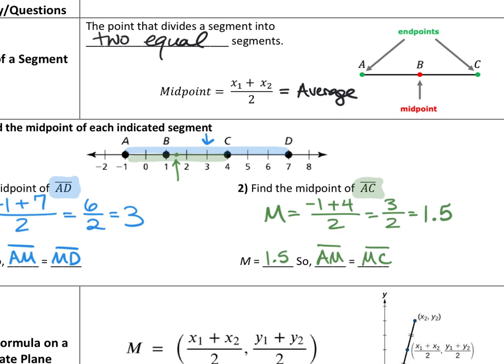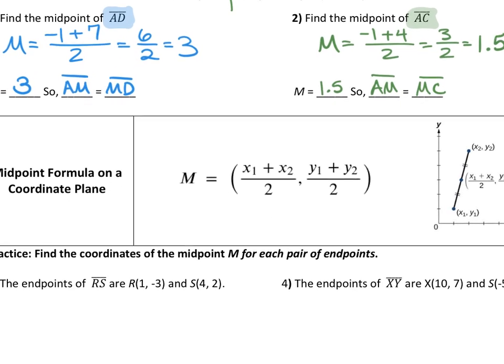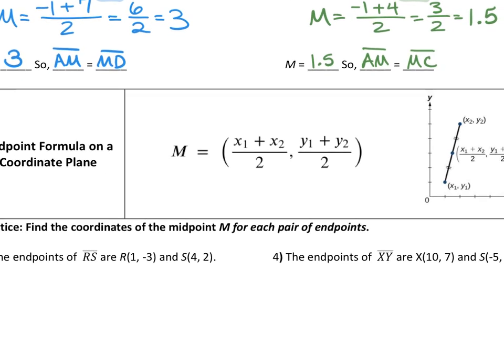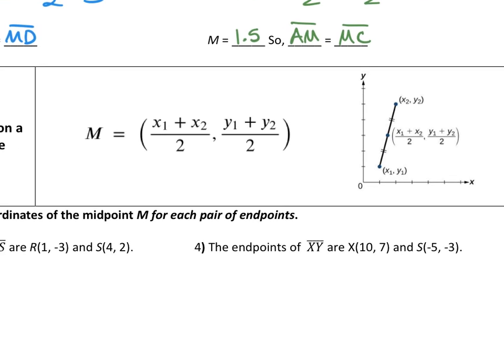Now that's fine and dandy, but that's on a single number line. And in geometry, we're not always going to have things on a single number line. We're going to have them on a coordinate grid. So if we were trying to apply this idea of average or halfway point to a coordinate grid, if I were trying to find the distance between (x1, y1) and (x2, y2), I wouldn't just find one number, I would find 2, a coordinate.